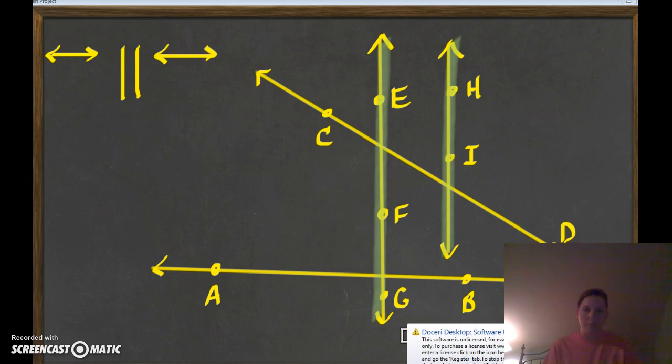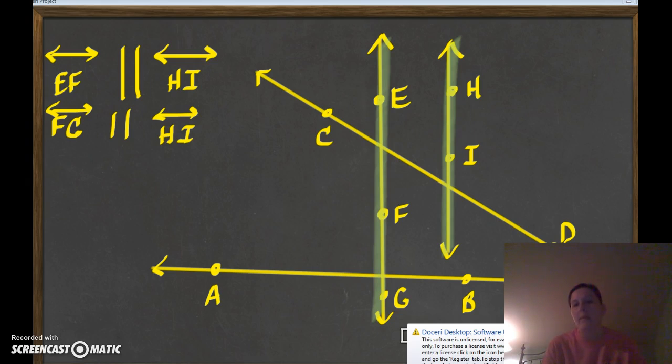So line EF is parallel to line HI. And we talked about, I could also write it as line FG is parallel to line HI. So that's the way I would indicate parallel lines on this diagram.